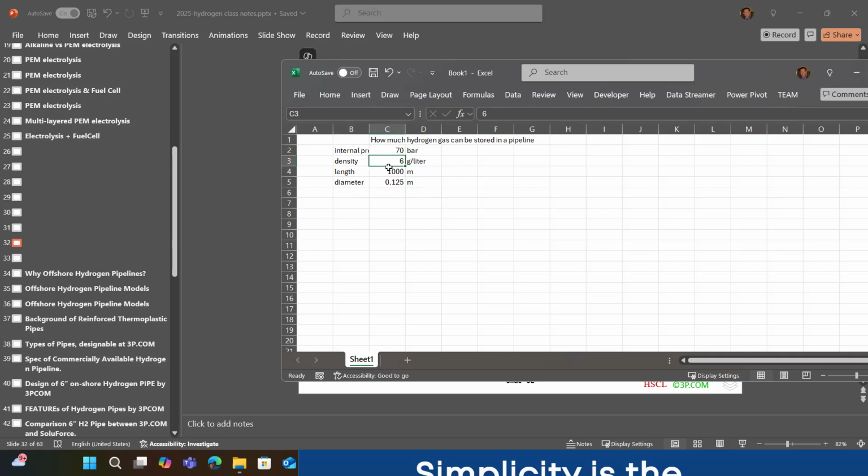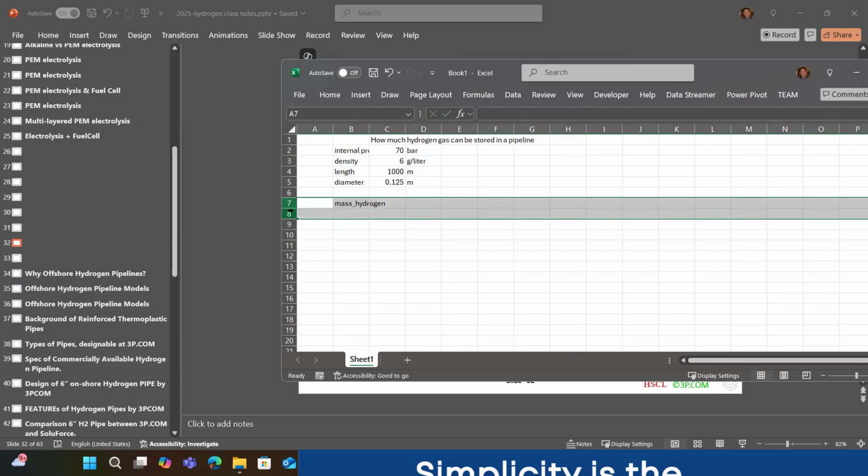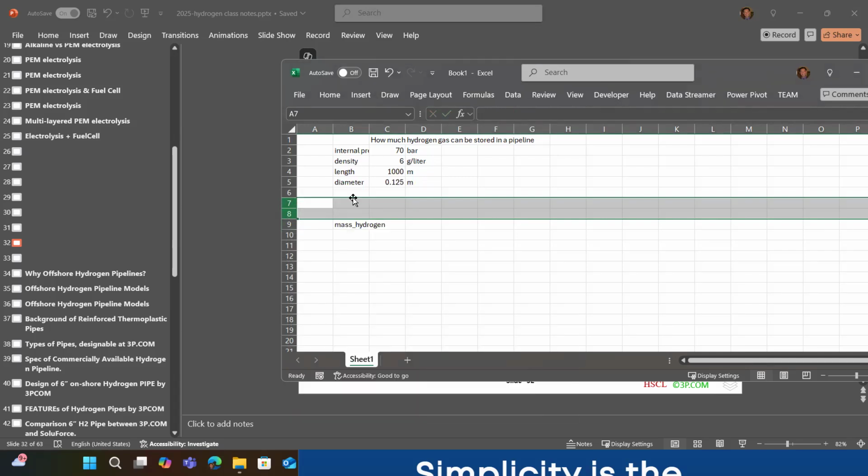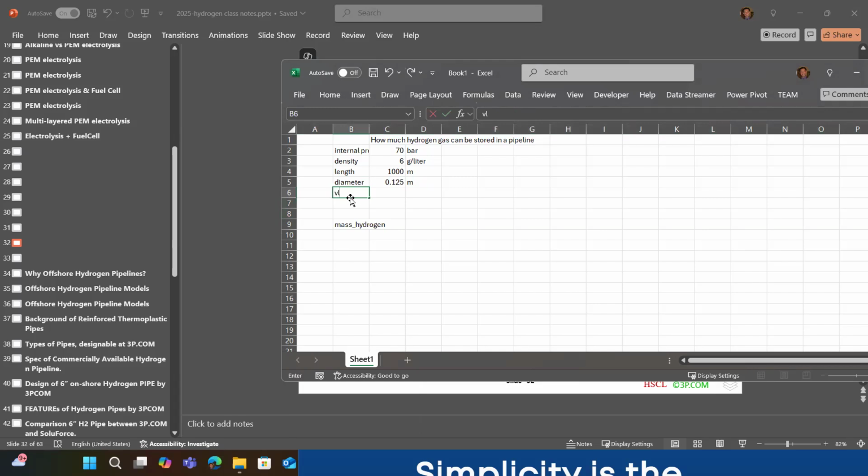Density is like this, and then how much the mass of hydrogen? Now, to do so, we first need to calculate what? The volume. What will be the volume?